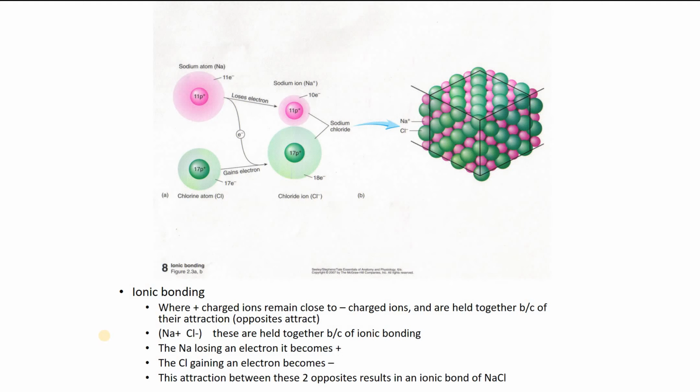In this example, sodium and chloride are held together because of the ionic bond. That is the force holding them together. So when that happens, you get NaCl, or sodium chloride, which is your table salt.